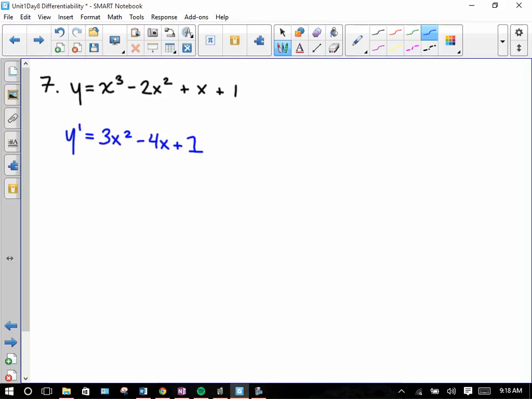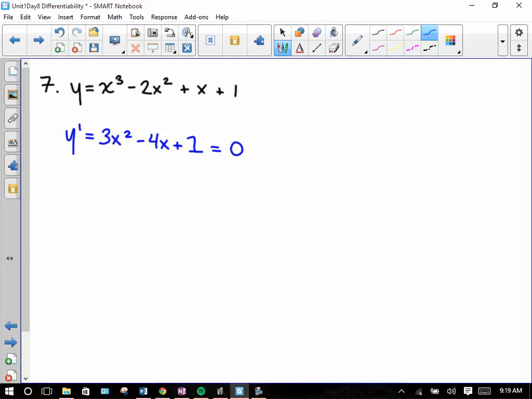So what we want to do is, y is going to have horizontal tangents where y prime, our first derivative, is equal to 0. So we set that equal to 0. In this case, it is a quadratic function, so you probably factor it.